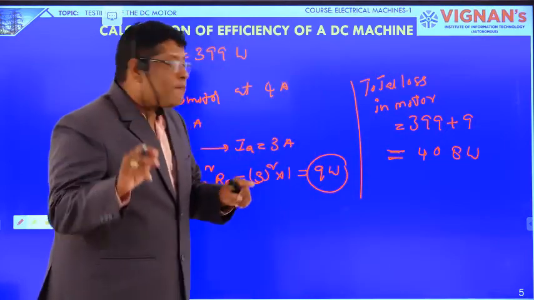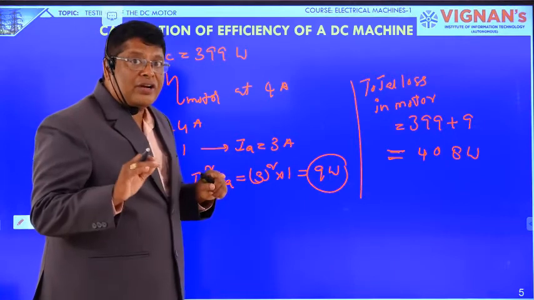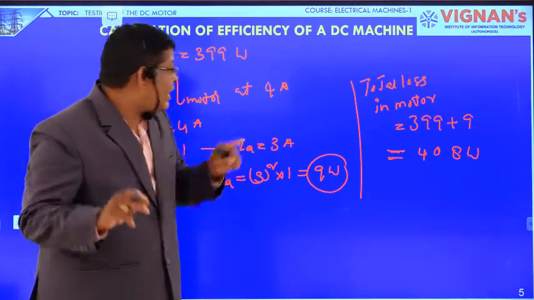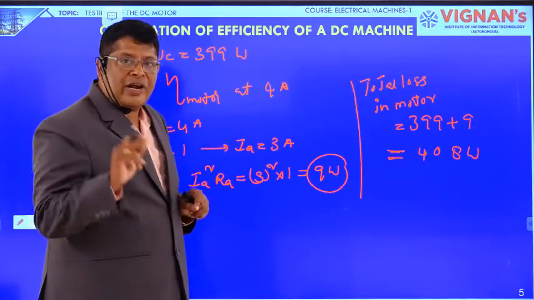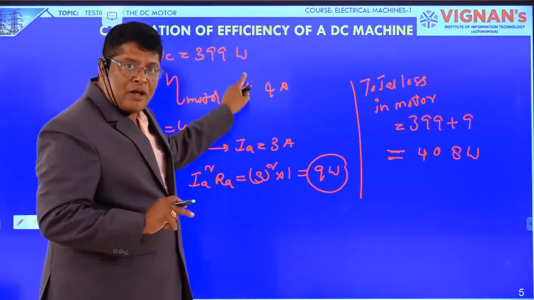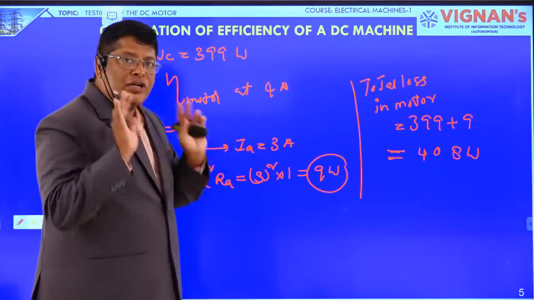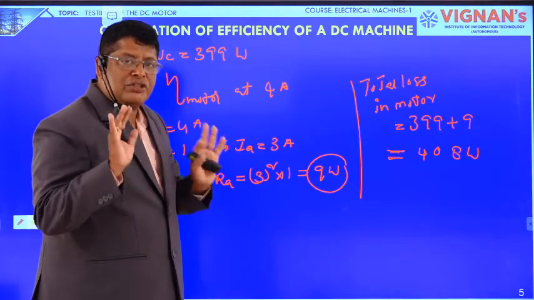Now, how much is the input power at 4 amperes of current? Because we are trying to find out the efficiency of the motor at 4 amperes of current. The voltage applied to the motor is constant, that is 200 only.